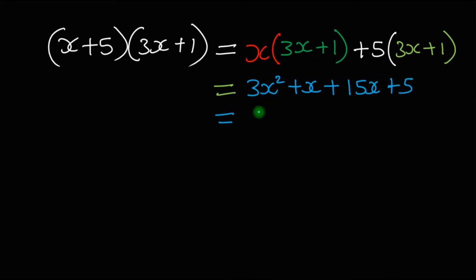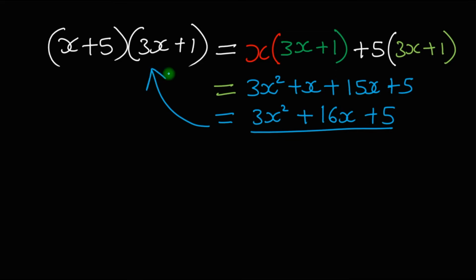Simplifying by adding the like terms, we get 3x squared plus 16x plus 5, and this is the expanded form of the expression.